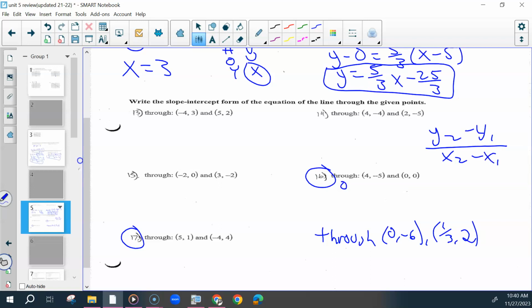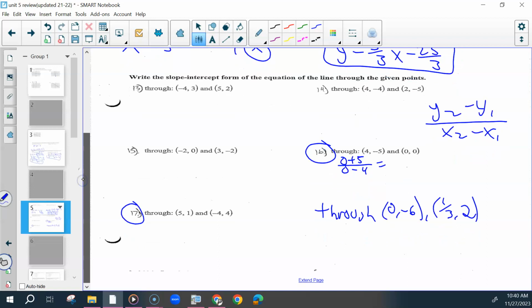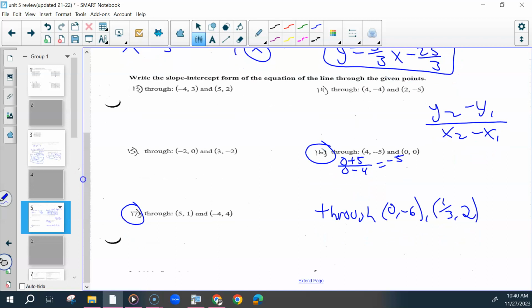So that would be 0, either minus a negative 5 or plus 5, over 0 minus 4. What is your slope? Negative 5/4. It is positive 5, but this is negative, so you can either put the negative with the 5 or out front. Either one.